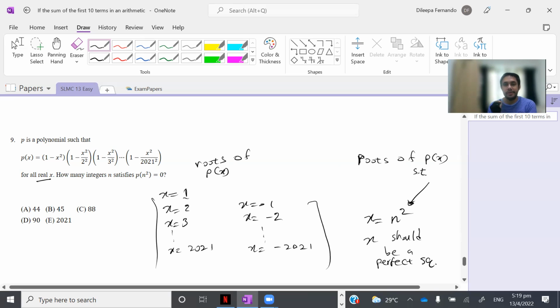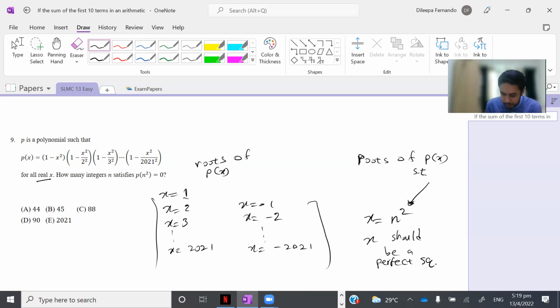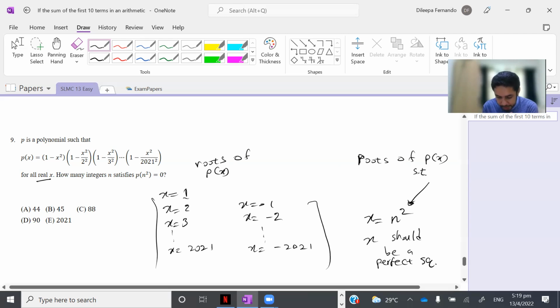Right, now we have reduced the question. Now we have to find how many perfect squares are between these set of numbers.